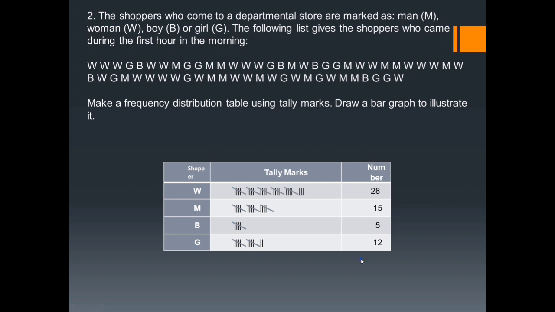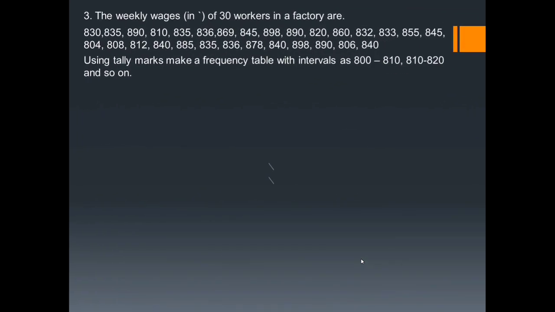Now we'll go to question number 3. The weekly wages in rupees of 30 workers in a factory are given here. 830, 85... Oh, the different workers have got a different pay, no? Some are getting rupees 830, some are getting 835, some are getting 890.